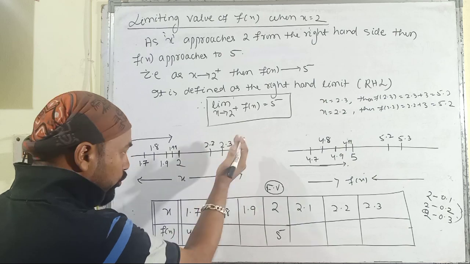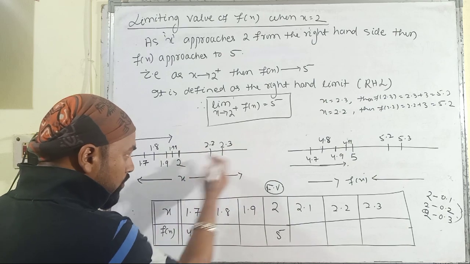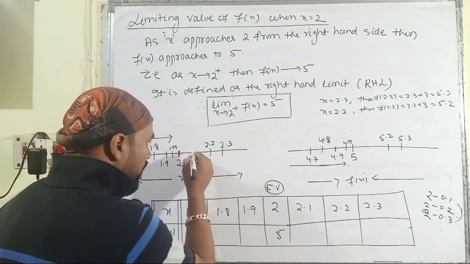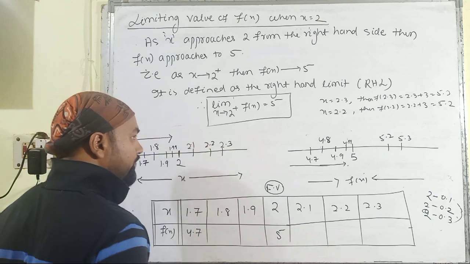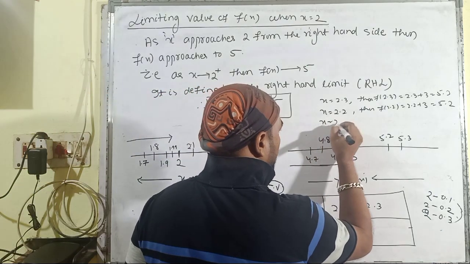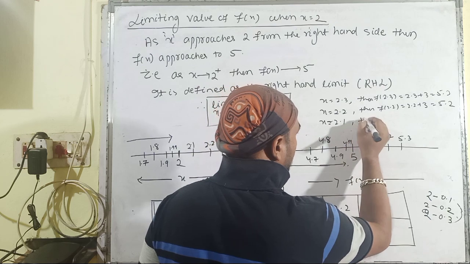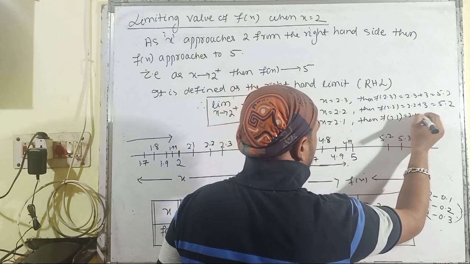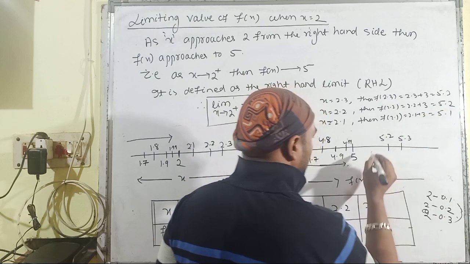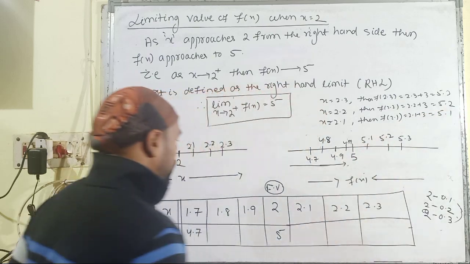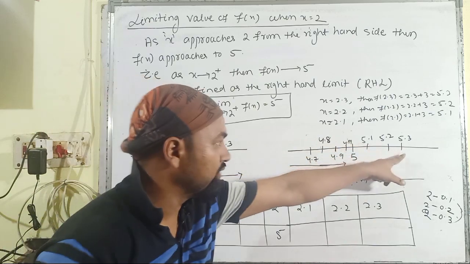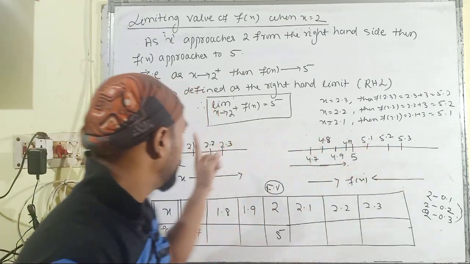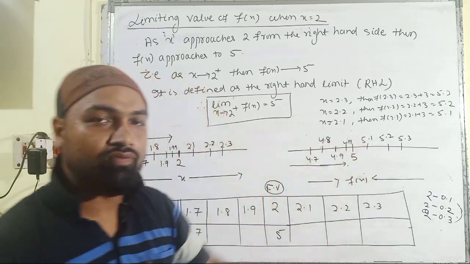We are approaching the value 2 from the right hand side. Then let us put 2.1 and see the value of f of x. f of 2.1 is 2.1 plus 3, which is 5.1. So when we put 2.3, we get 5.3, for 2.2, 5.2, and for 2.1, we get 5.1.